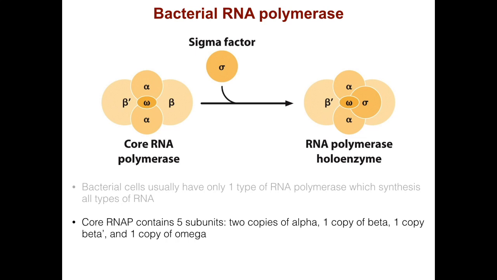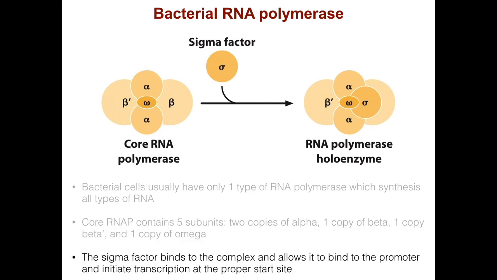The core RNA polymerase contains 5 subunits: 2 copies of alpha, 1 copy of beta, 1 copy of beta prime, and 1 copy of omega. The sigma factor binds to the complex and allows it to bind to the promoter and initiate transcription at the proper start site.